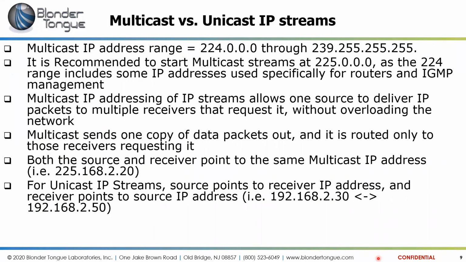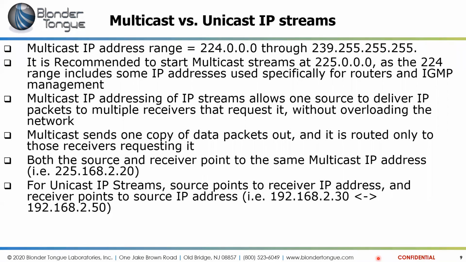So multicast, I've talked about multicast a little bit here. Multicast, there's the range again. Multicasting IP signals is where we take signals from one source, like an encoder, something that takes in an HDMI signal or a component level video signal and makes it an IP stream. Now we want to send this IP stream across our networks to multiple receivers.